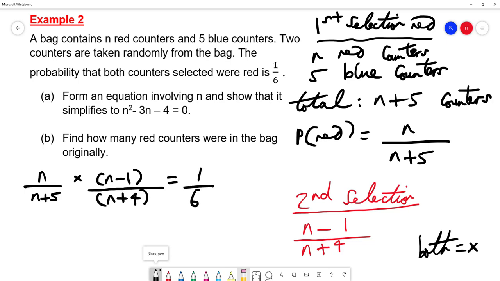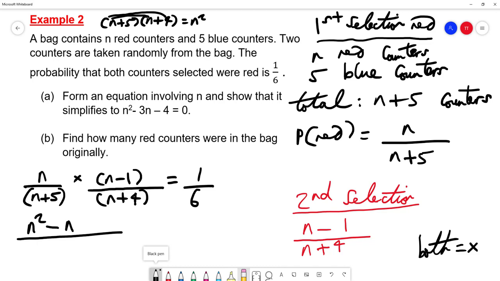So now we can expand the brackets out. N times n is n squared. And then n times minus 1 is minus n. So we're going to multiply 2 brackets out here. So I'm going to do it on the bottom: n plus 5 times n plus 4. N times n is n squared.